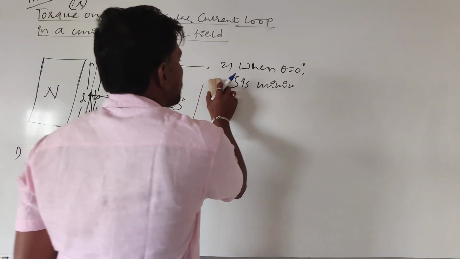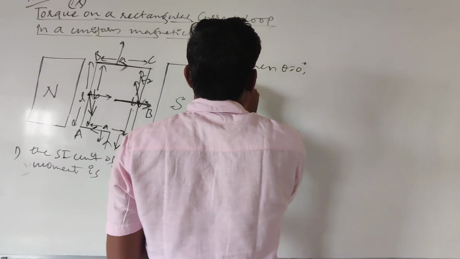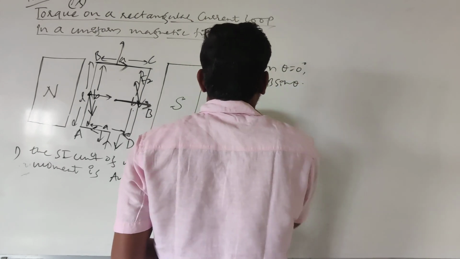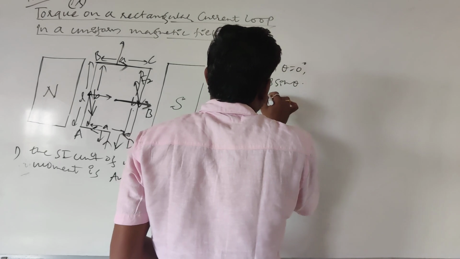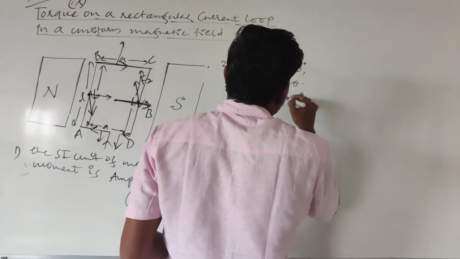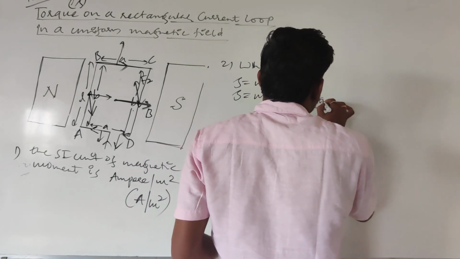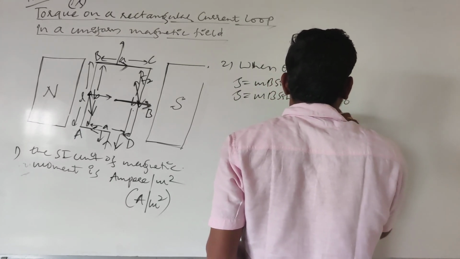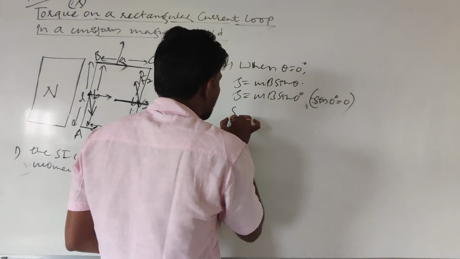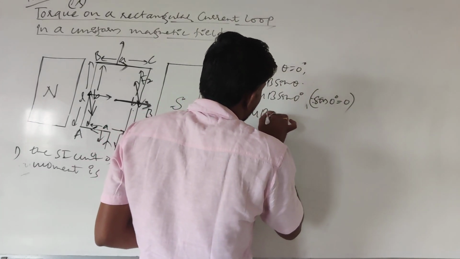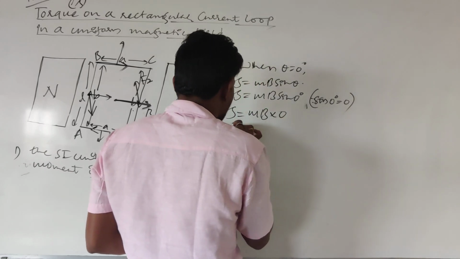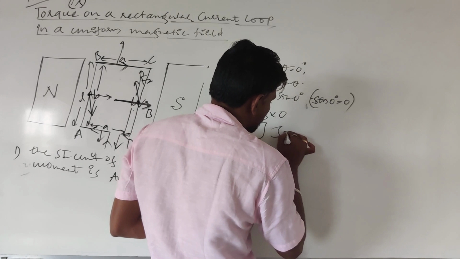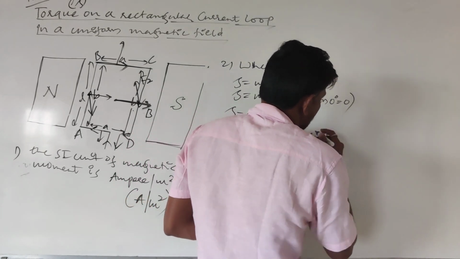Torque is equal to mB sin theta, so torque is equal to mB sin 0 degree. Sin 0 degree is equal to 0, so torque is 0. So torque is minimum.